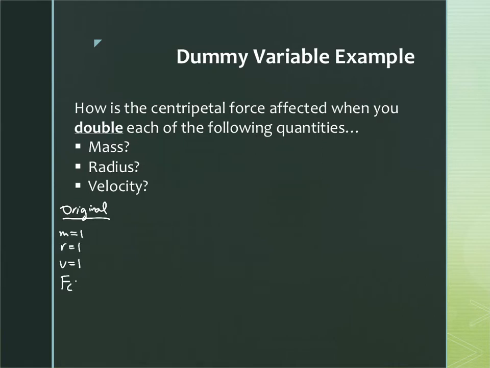So we're looking for how these are affected. So what happens when all of these are equal to 1? So it's still equal to 1. Now, let's start with mass. What happens when mass is equal to 2, but everything else stays as 1?